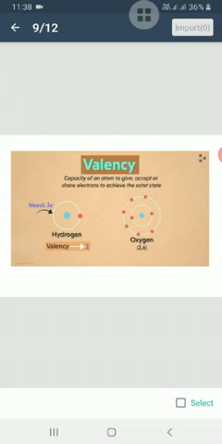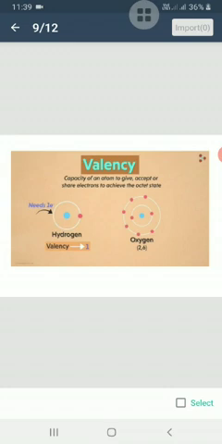The valency of the hydrogen atom is 1, and the valency of other elements or groups is the number of hydrogen atoms which can combine with or be displaced by one atom of that element. Some elements neither combine with hydrogen nor displace it. In such cases, we consider their combining capacity with some other elements whose valency with respect to hydrogen is known.